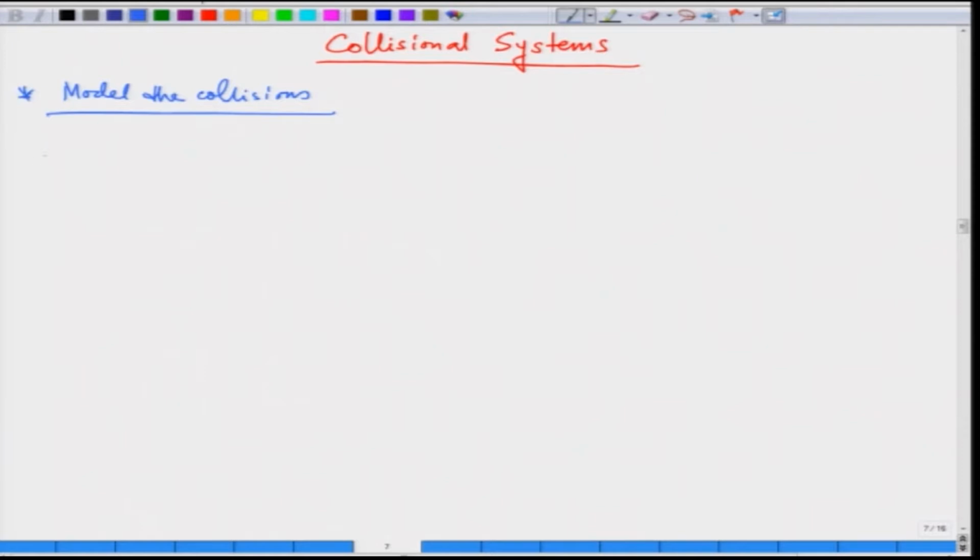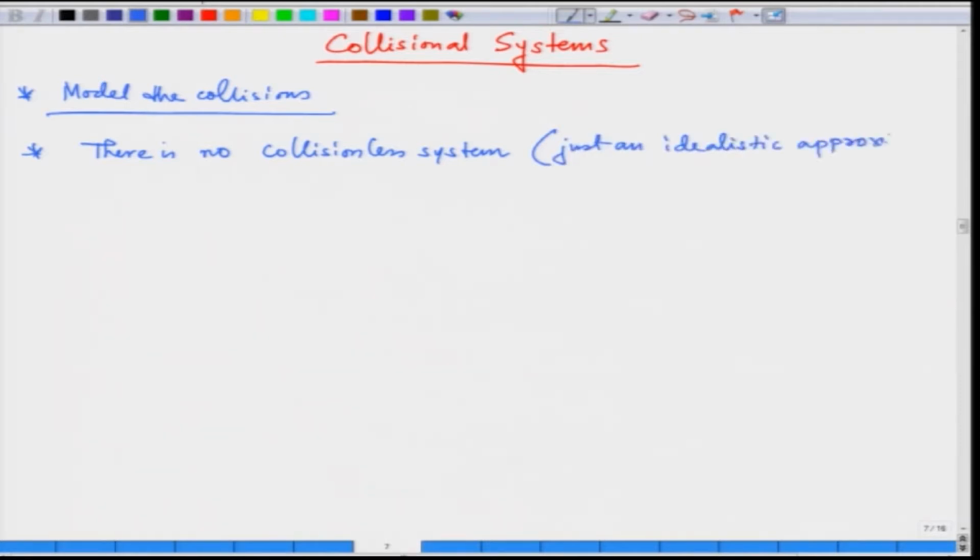Before doing that, let us first understand one conceptual thing, that there is no collisionless system in nature. This is just an idealistic approximation. What happens in reality?